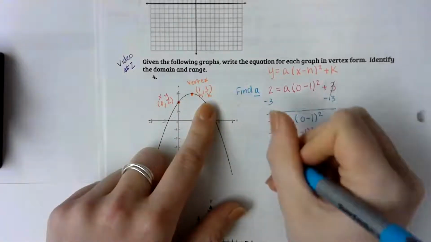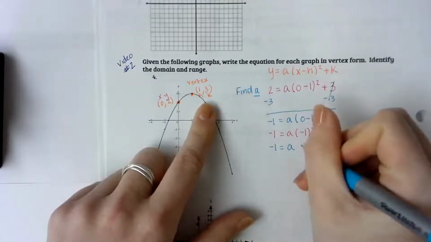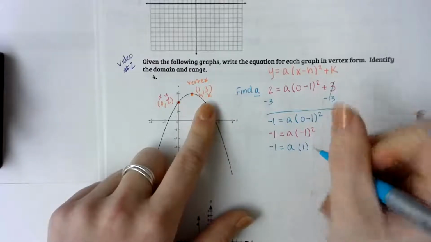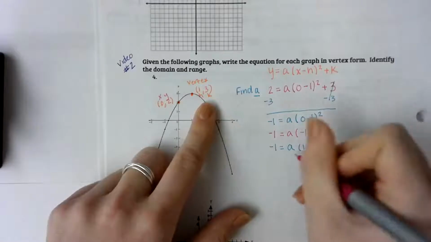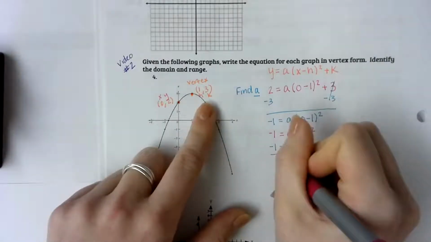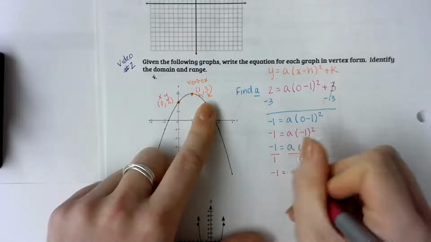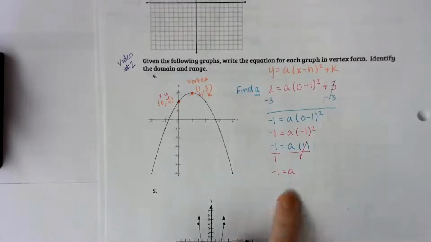Then -1 squared is a positive 1. So I need to divide by 1 to get rid of it over here, which is just -1 equals a. So once I have that, all I need to do now is write my equation.